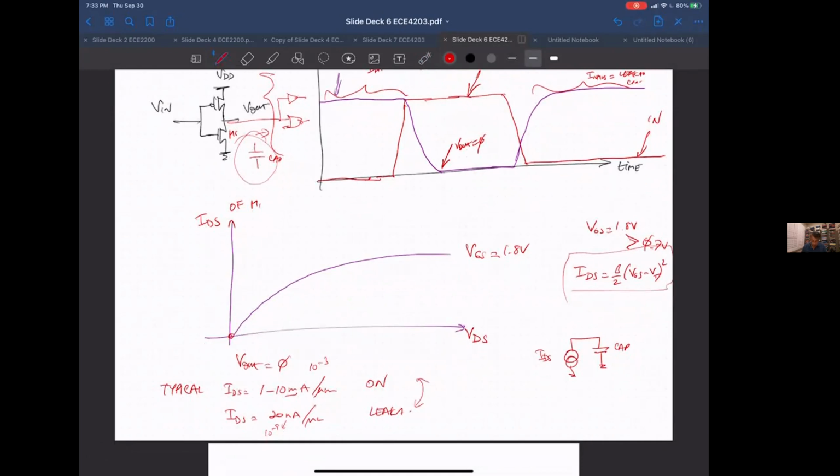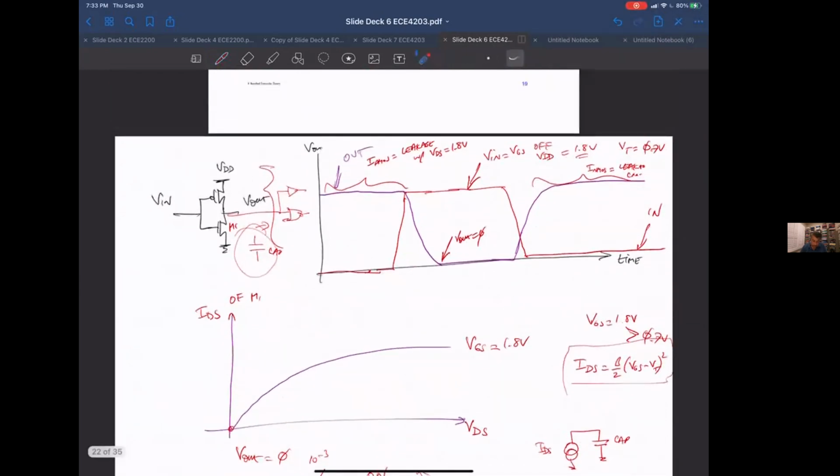So why is it important? It's important for 2 reasons. One of them is that the total amount of time the transistors are on and their on current is really active is very small. It's only during the transitions from low to high and high to low.